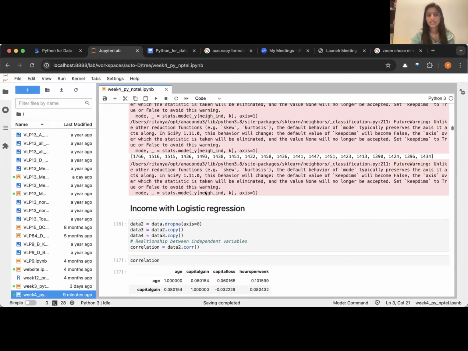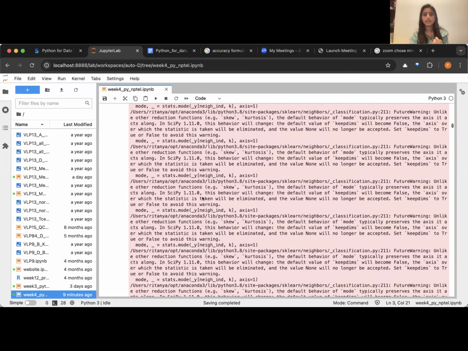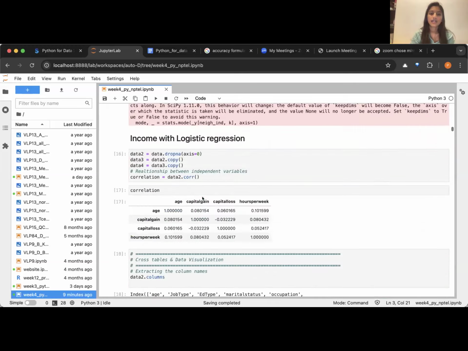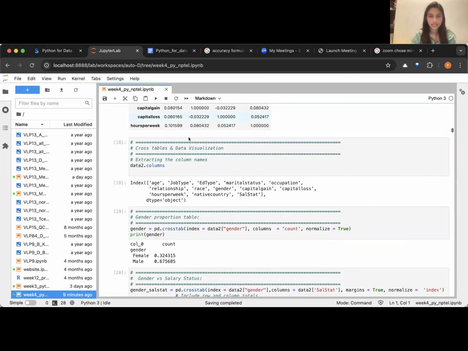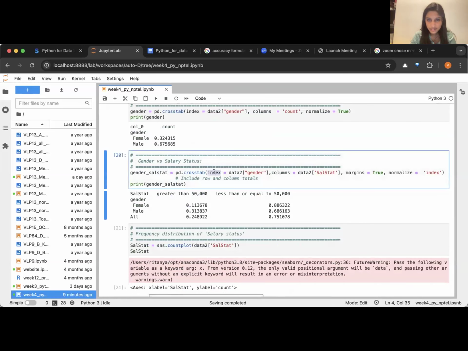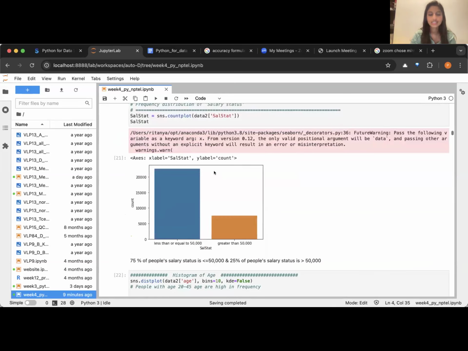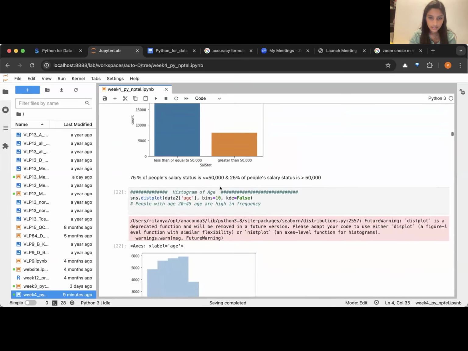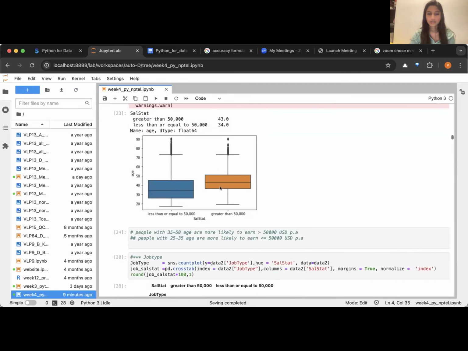So we do the same classification problem. Here we used the K nearest neighbor model, and now we're doing the same thing with logistic regression. You do the same things here, but this is just some stats that you're visualizing that you could go through in your own time.